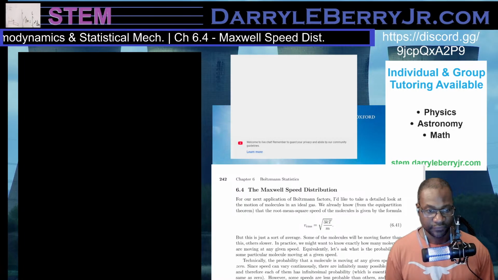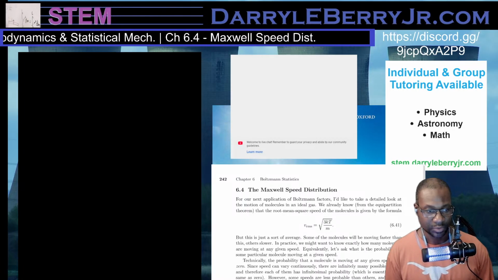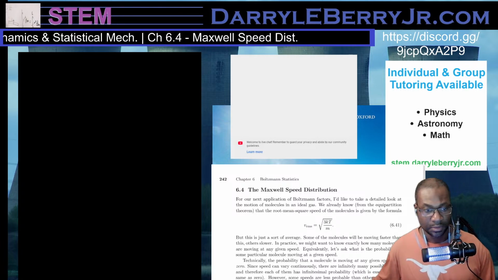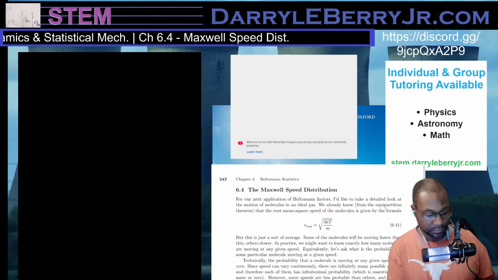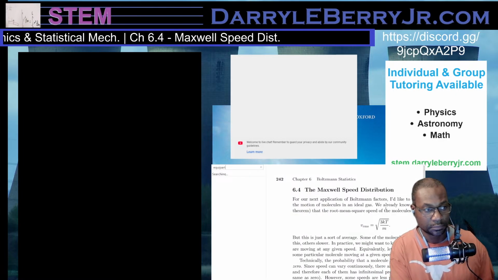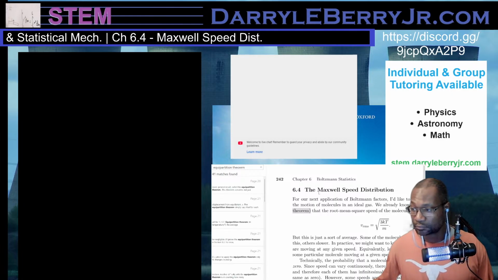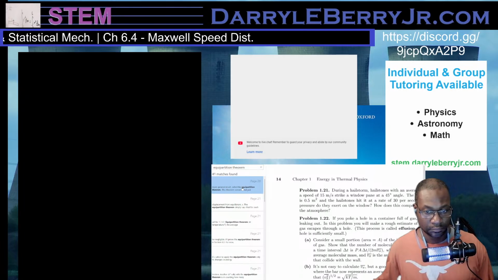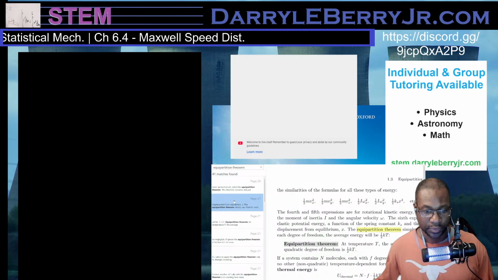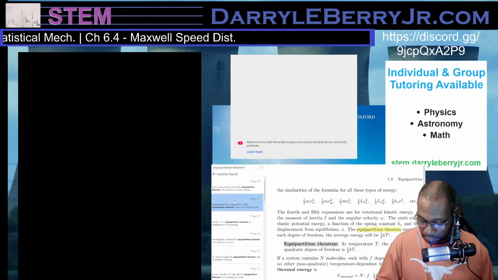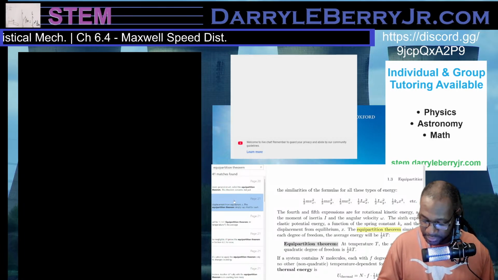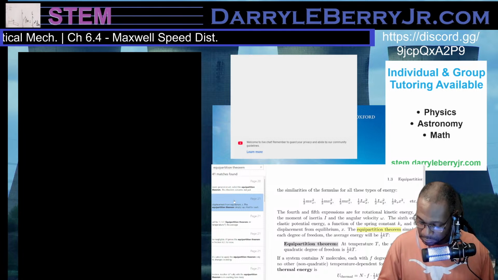For our next application of Boltzmann factors, I'd like to take a detailed look at the motion of molecules in an ideal gas. We already know from the equipartition theorem, let's remind ourselves what that is. Equipartition theorem.